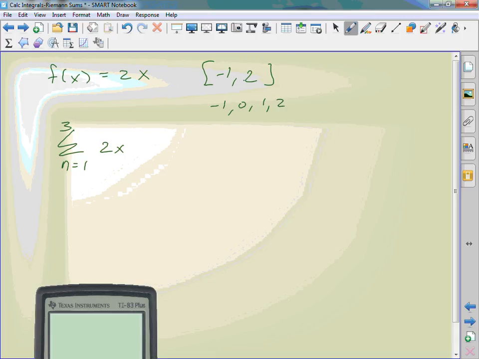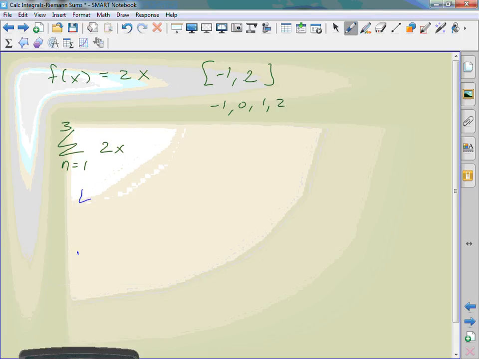All right, let's go over just to show you. For any sigma notation, for the left, the right, and the midpoint. For the left, I start with the left point. So I'm going to have f of -1 times, what's the difference between all of these? 1.